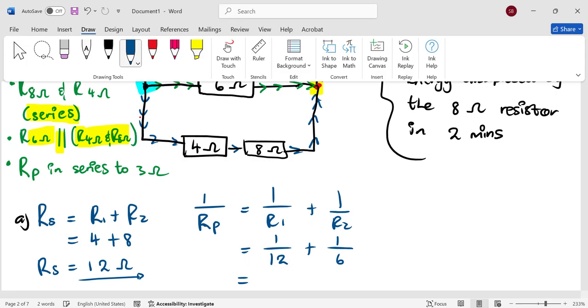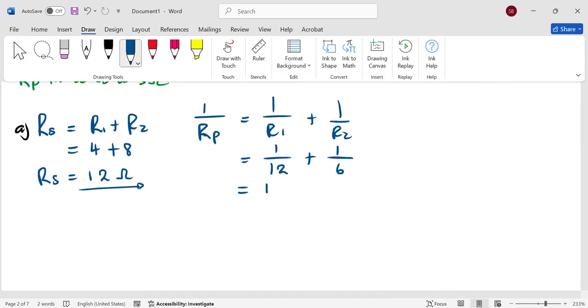And 1 over 12 plus 1 over 6 gives me an answer of 1 over 4. So that's 1 over Rp. Now remember that we want Rp and not 1 over Rp. So we flip both sides according to mathematics. What you do on the left, you do on the right. Therefore, Rp will then be 4 ohms.